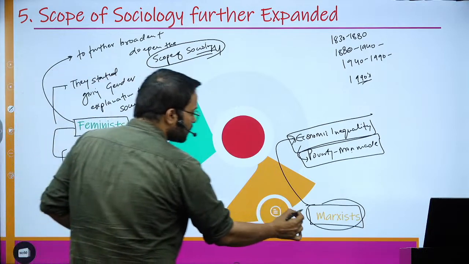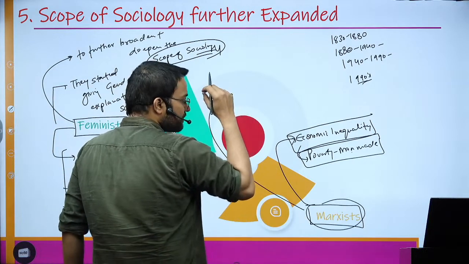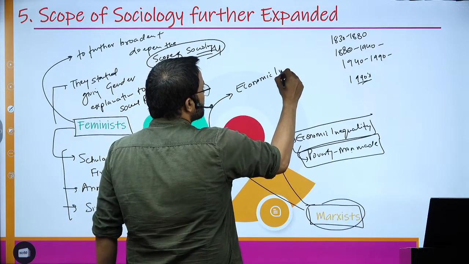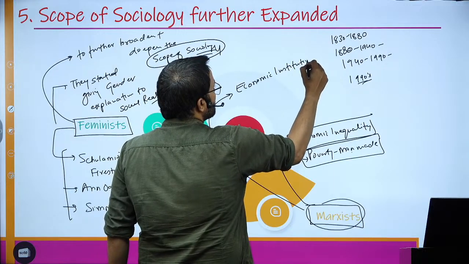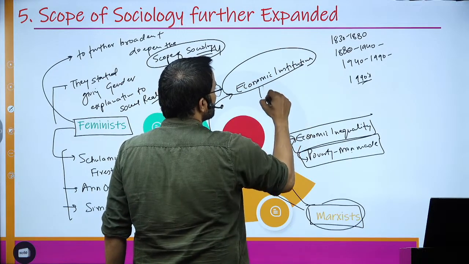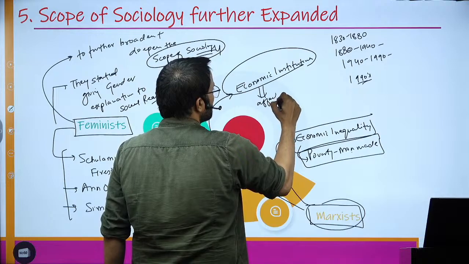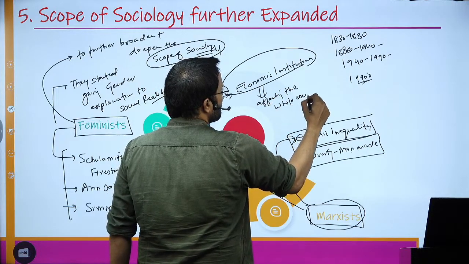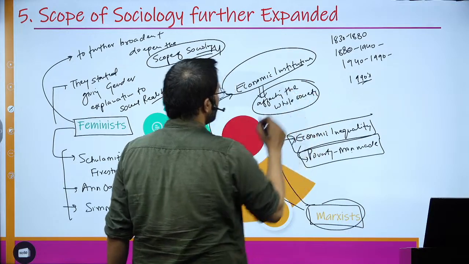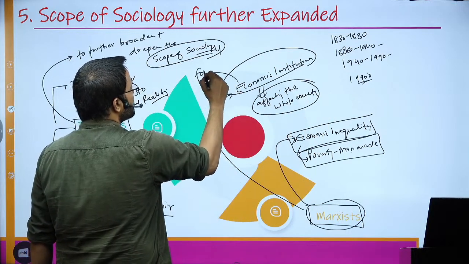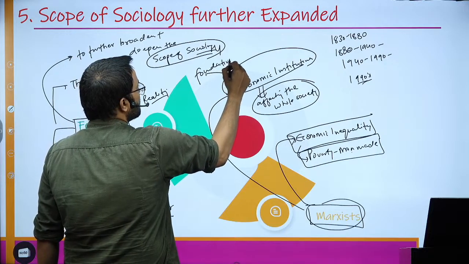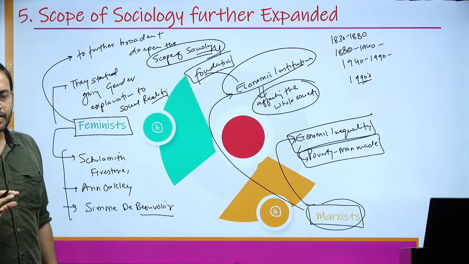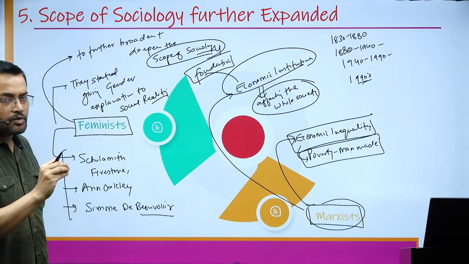Because Marx was also saying that it is the economic institution which is affecting the whole society. Basically, the economic institution is the foundation. It is the economic institution which is affecting the whole society.